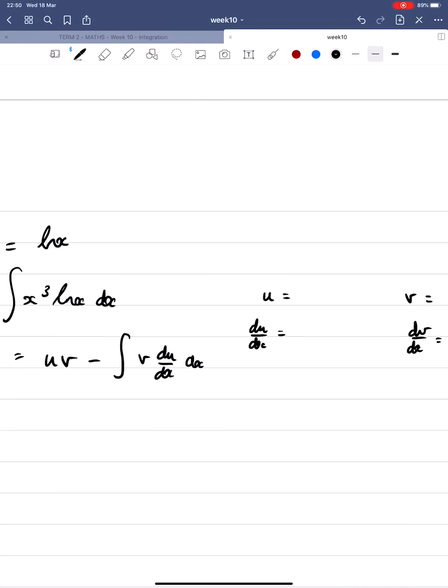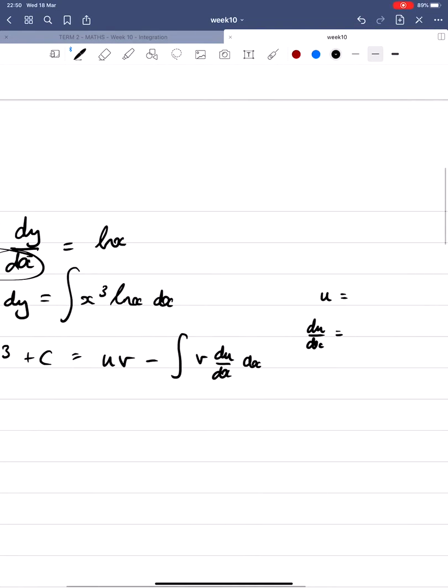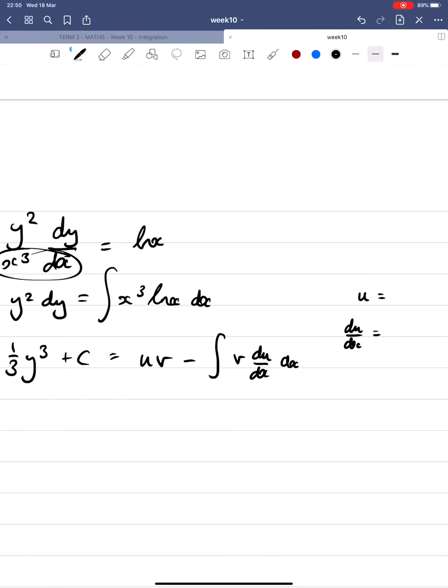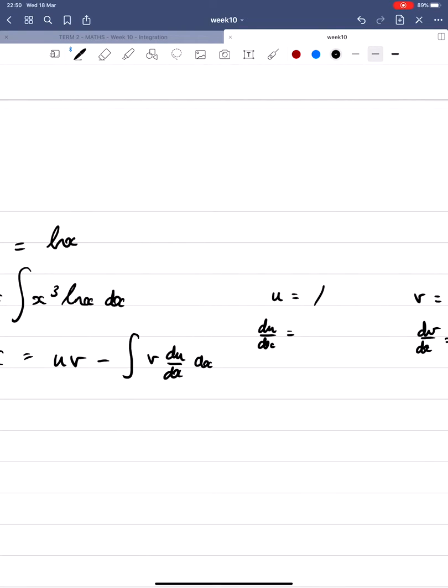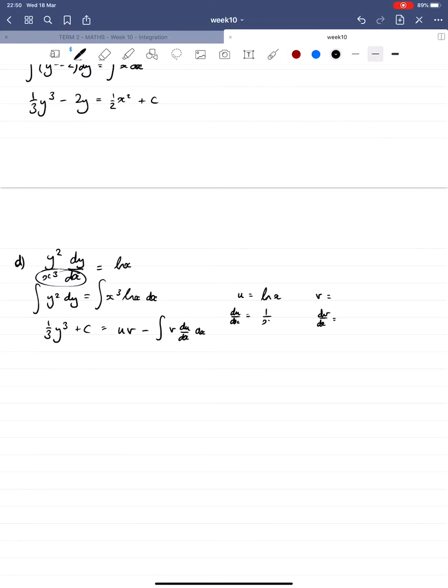Now, since we have a logarithm, a ln here, we have to make sure that we choose that well. So if you integrate 1 on x, you get the logarithm. If you differentiate the logarithm, you get 1 on x. You can't integrate the logarithm, but you can differentiate it. So that means u is going to be ln x, and if you differentiate, you get 1 on x, which means dv by dx is going to be x cubed.